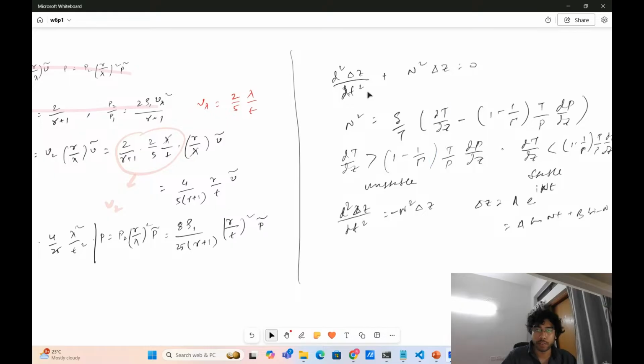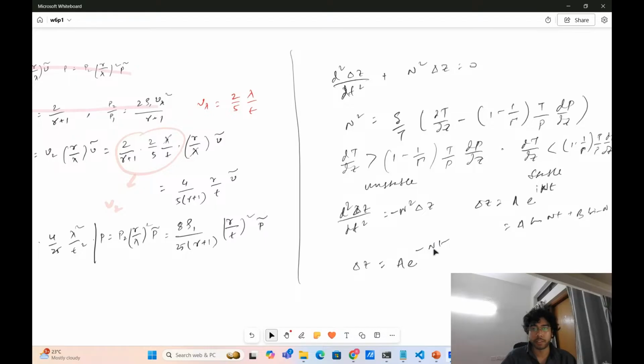If N squared is positive, the solution would be delta z equals A times e to the power of N t, so the perturbation will grow with this factor of N. That is the significance of this Brunt-Väisälä frequency.